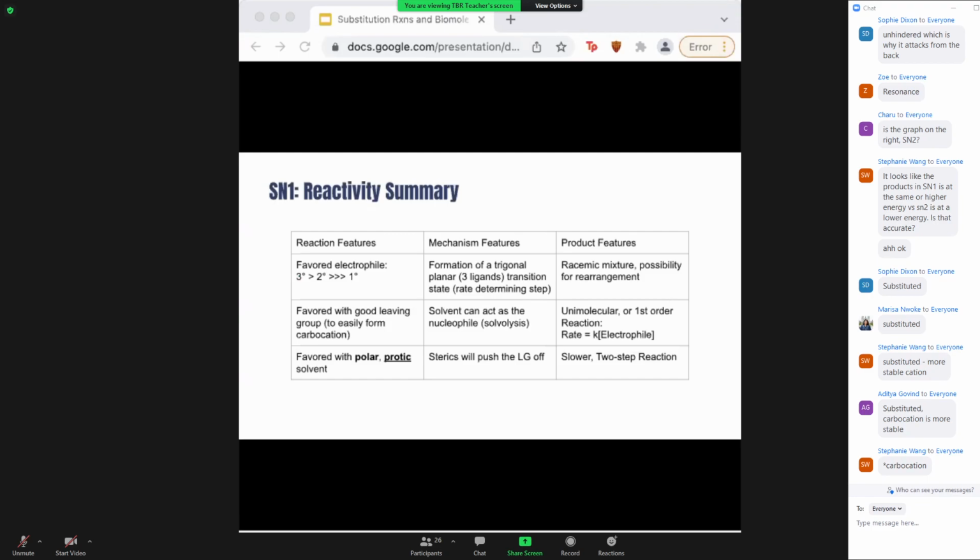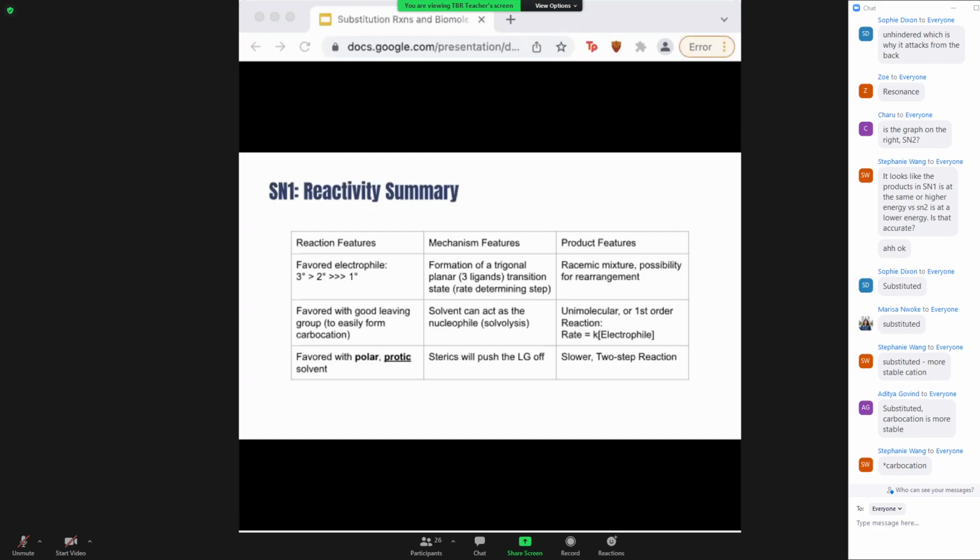And then you have formation of a trigonal planar or 3-ligand transition state, and this is your rate determining step. You have your solvent, which can act as a nucleophile, and some product features is that you form a racemic mixture since the nucleophile can attack on either side, and there's a possibility for rearrangement, which I'll go over in a second.